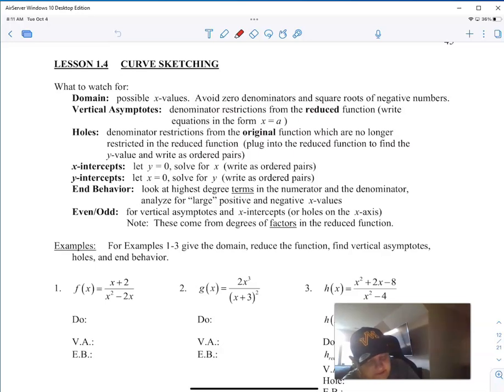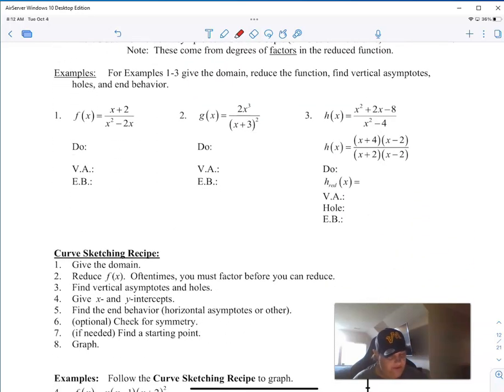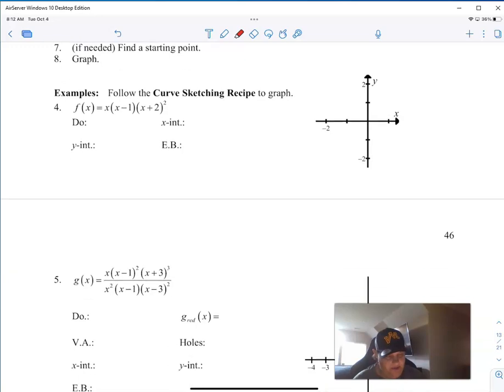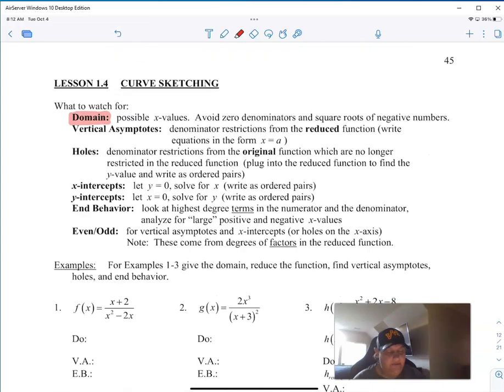So the first thing is our domain, okay? Now, for right now, the questions that we're looking at are mostly going to be rational functions, okay?